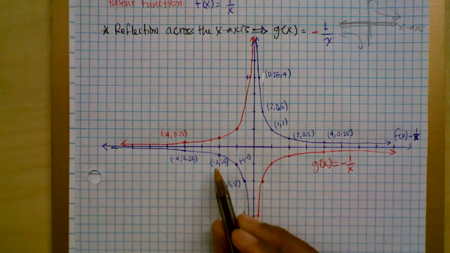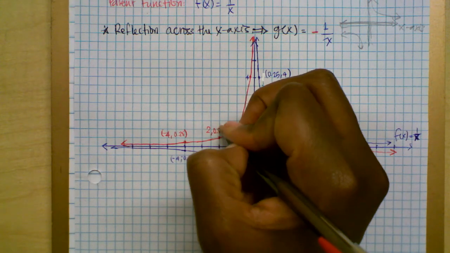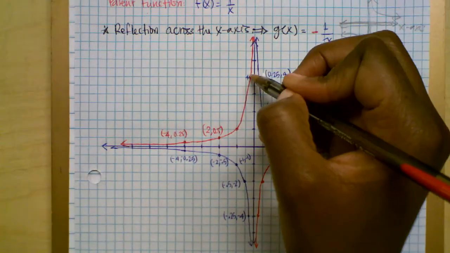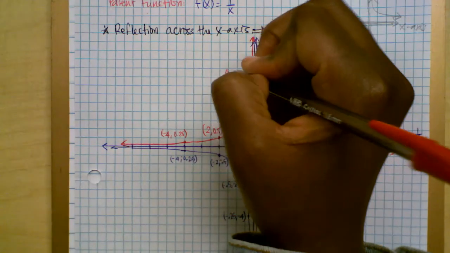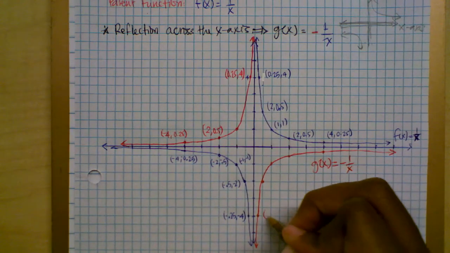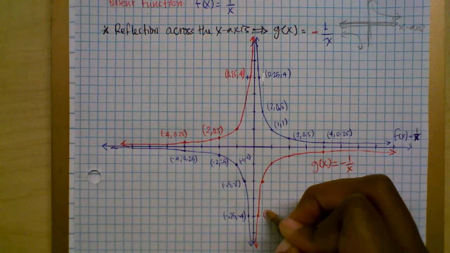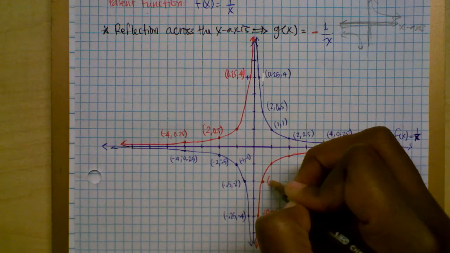Right here, the point will have been 2, 0.5. And right here will have been 0.25, 4. So right here, the point will be positive 0.25, -4.